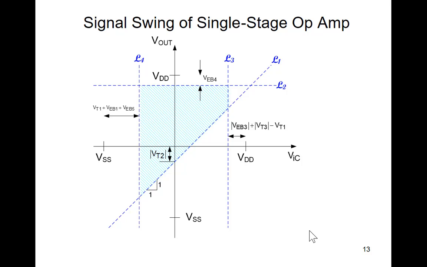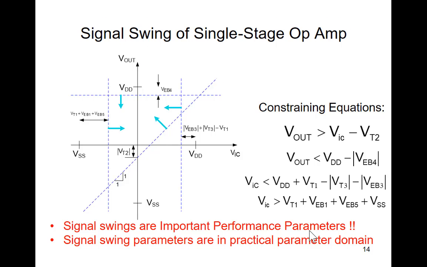That's because we have an N-channel input stage. Are we with me? So here are the constraining equations for keeping the amplifier in the saturation region. Those are those 4 lines.